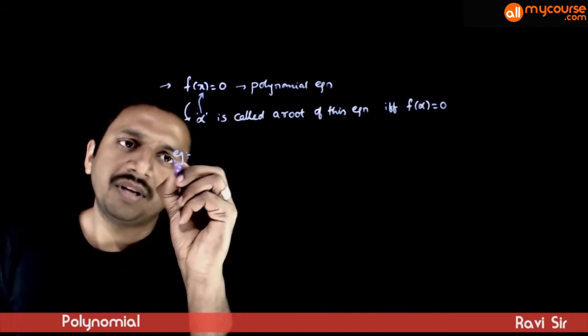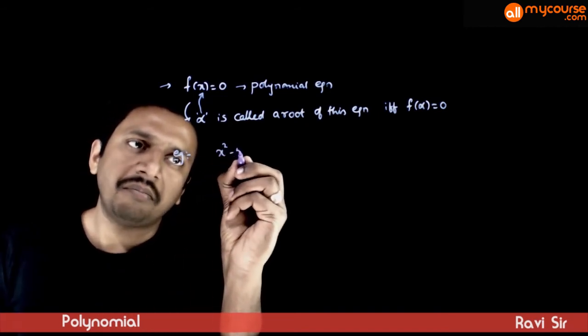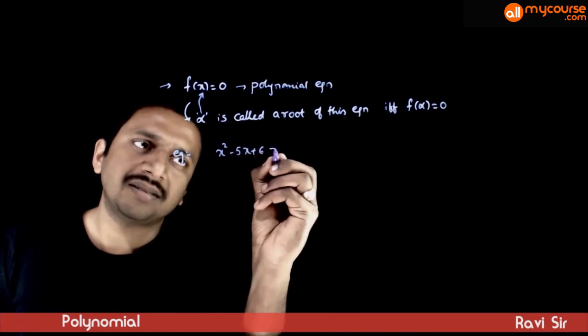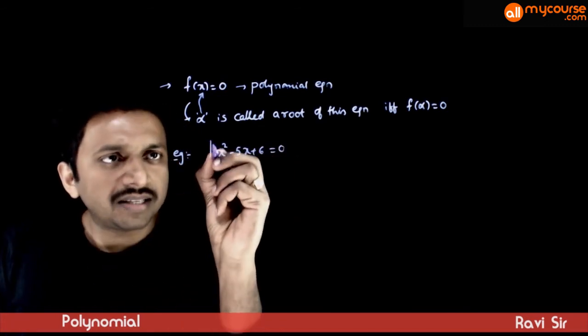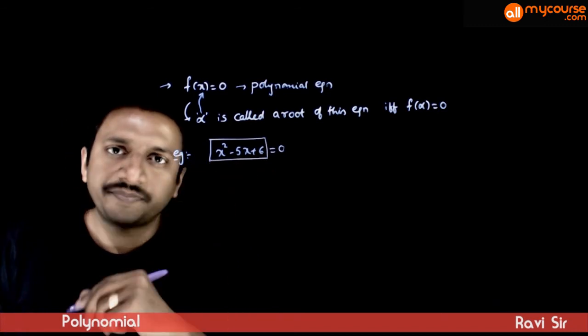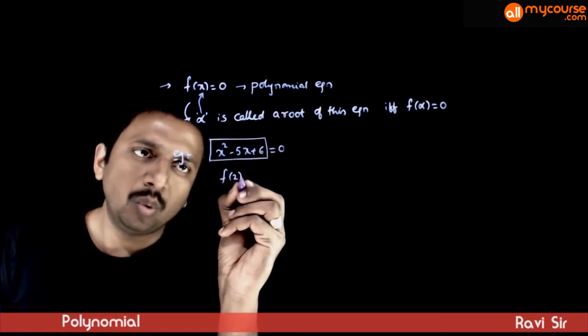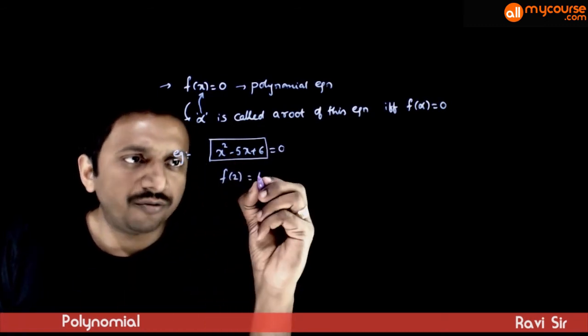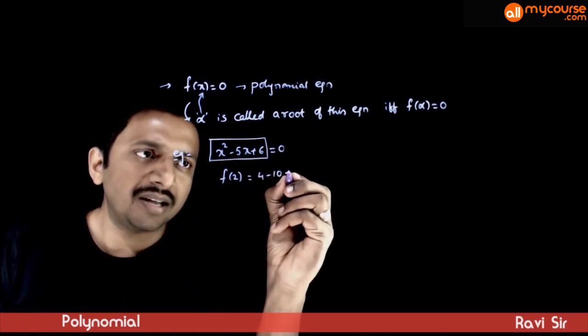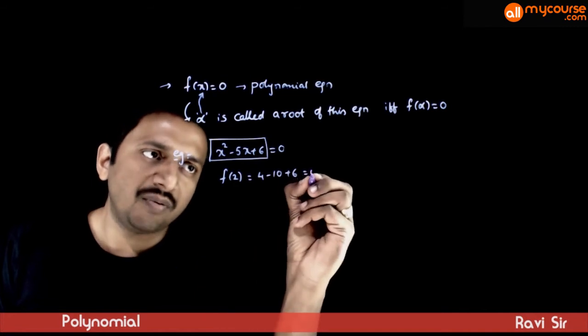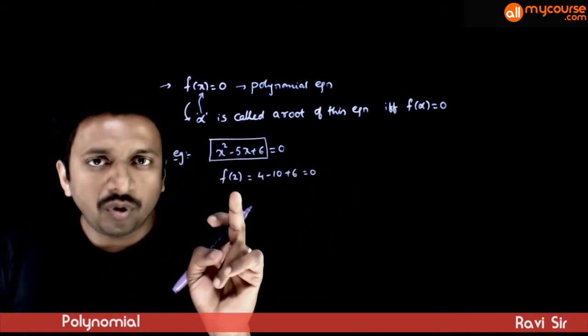For example, if you have x square minus 5x plus 6 is equal to 0, let us consider this as my f of x. Now, what is f of 2? f of 2 is equal to 4 minus 10 plus 6, which is 0, right? So f of 2 is equal to 0.